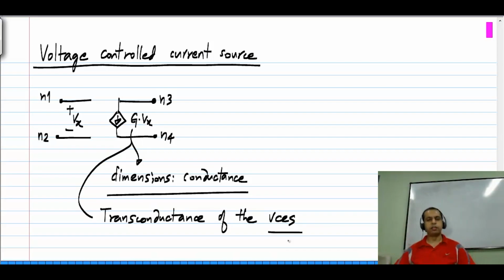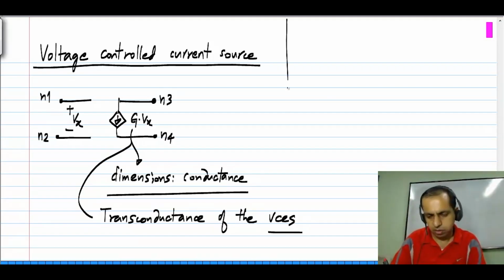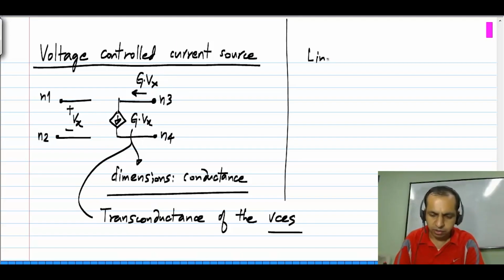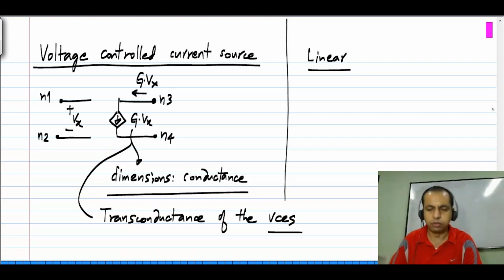It's common to abbreviate voltage controlled current source as VCCS, similarly for all the other control sources. Because this current is G times Vx, which is a linear function of Vx, this control source is linear. As I said, all the control sources we consider will be linear.